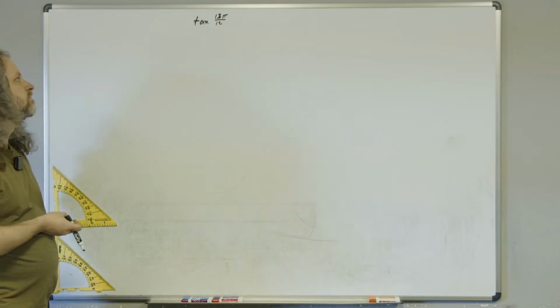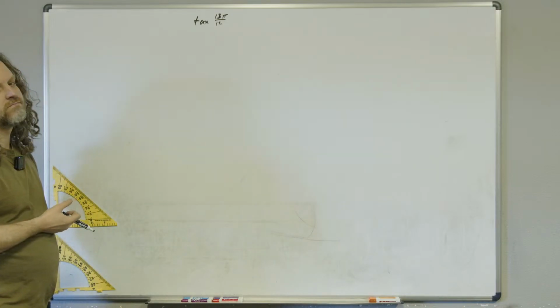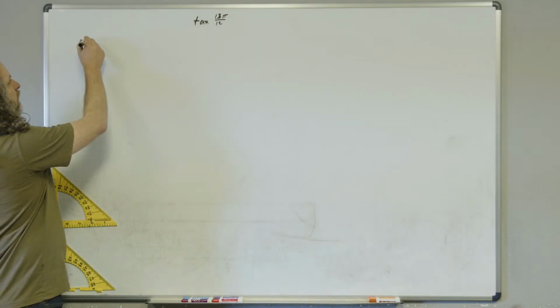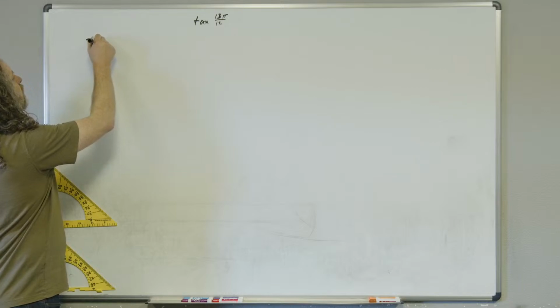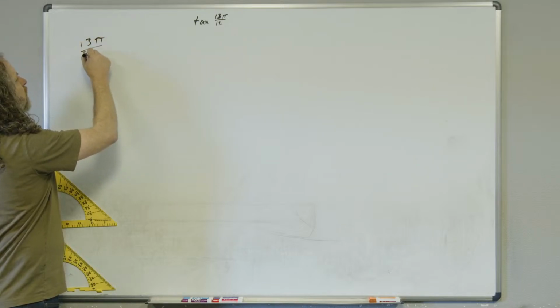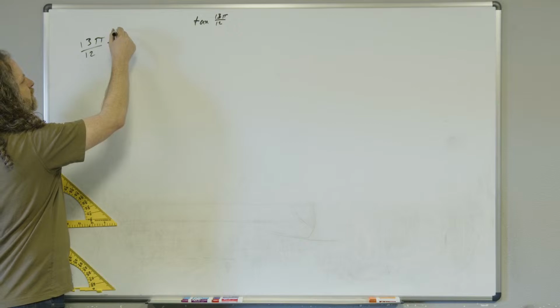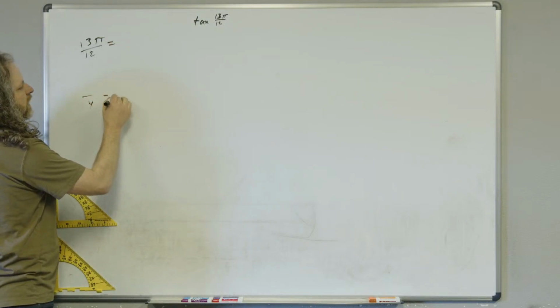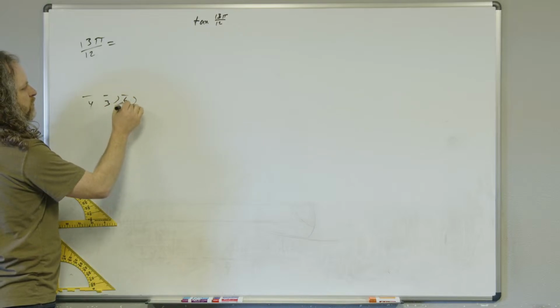Find something that adds up to 13 pi over 12. We're going to need to turn 13 pi over 12 into something plus something with denominators of 4 or 3 or 6 or 2.